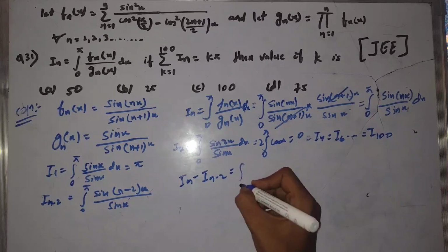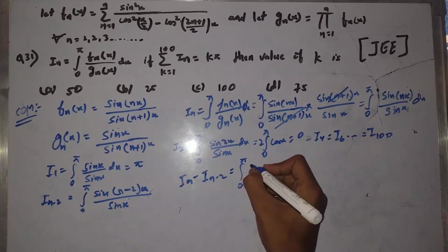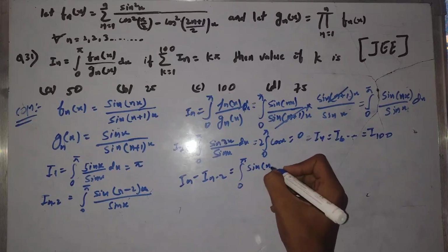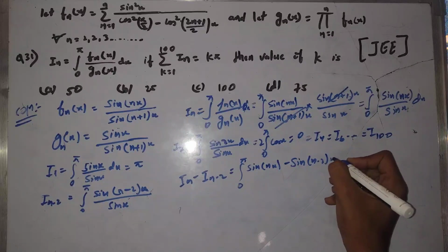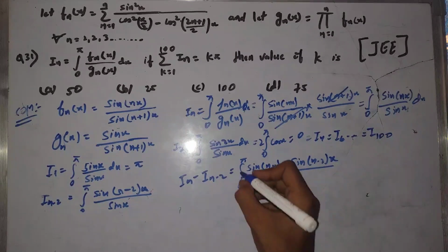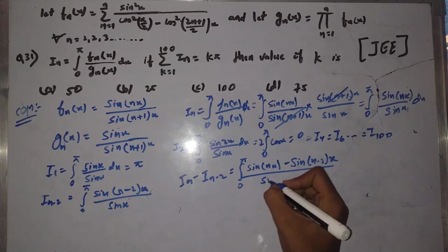So this will become the integral from 0 to pi of sine nx minus sine (n minus 2)x, and in the denominator we'll have sine x.